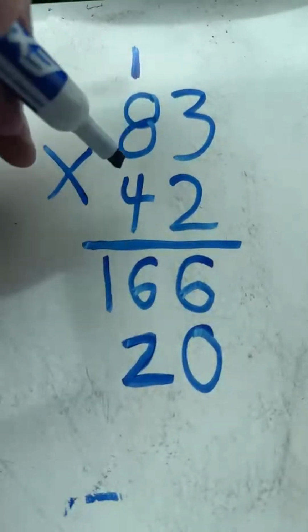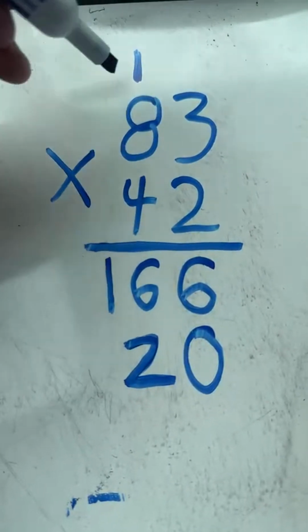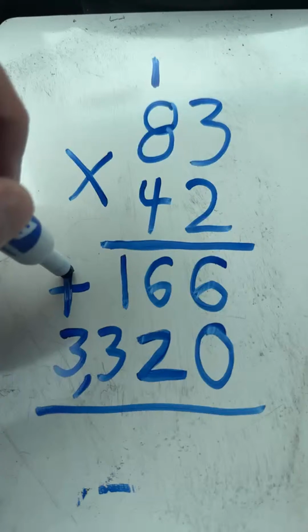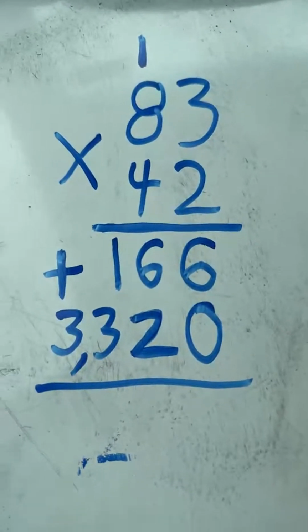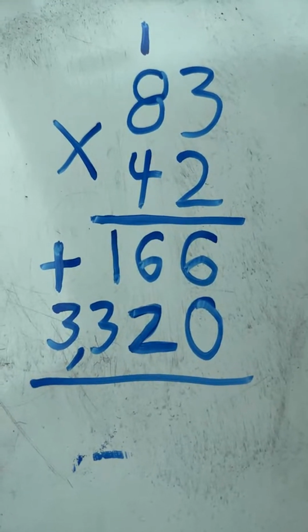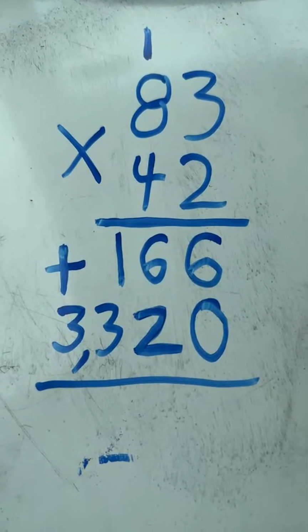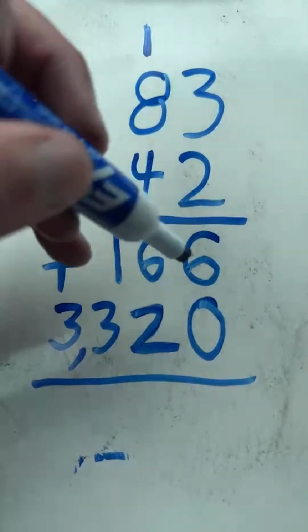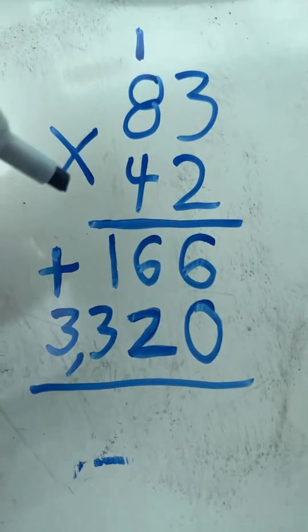8 times 4 equals 32, plus 1 equals 33. So now next, we have to add both these numbers together. Once we add these two numbers together, we'll have our final answer.